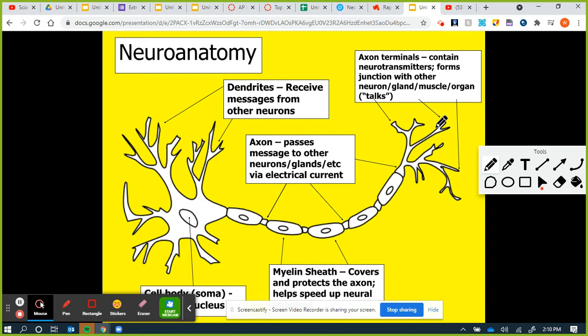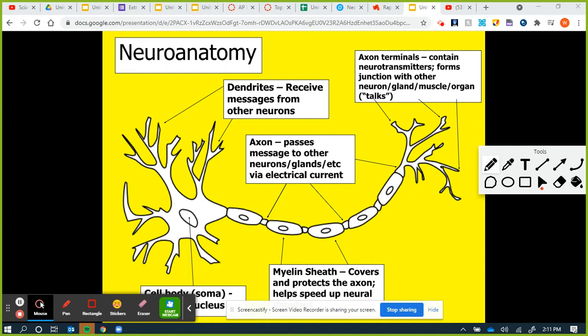The axon does that to allow it to communicate with multiple other neurons. The ends that contain neurotransmitters are called the axon terminals, or the terminal buttons, terminal nodules. You'll see it called a whole bunch of different things.